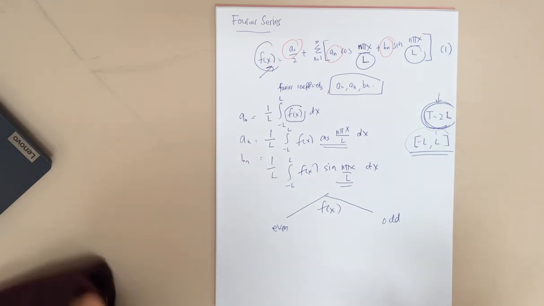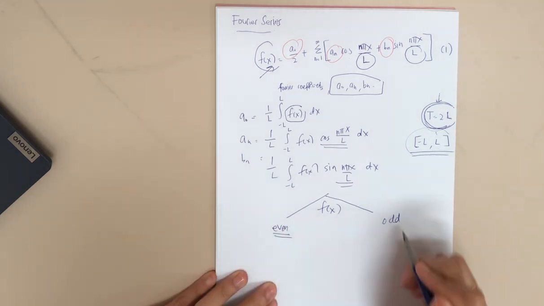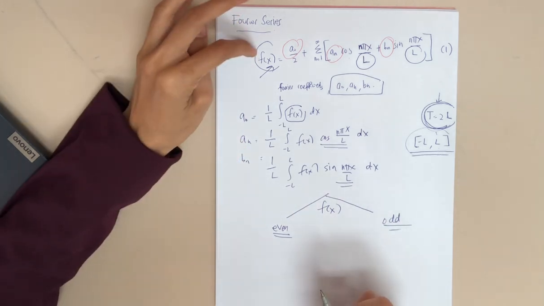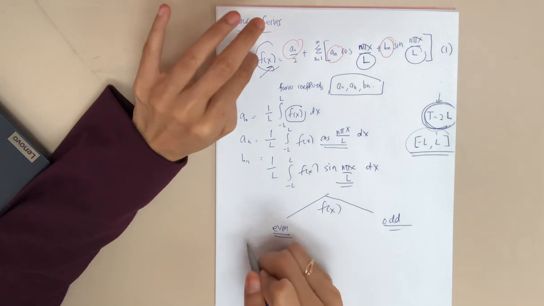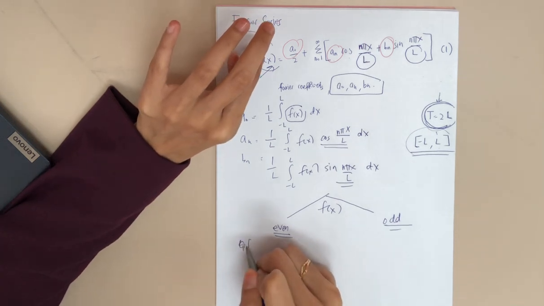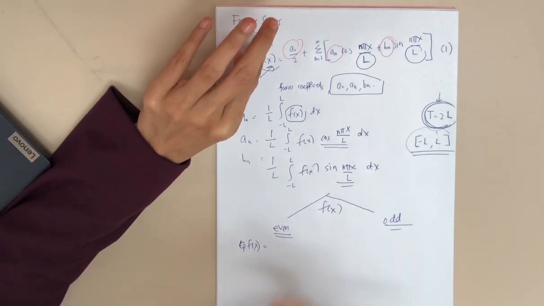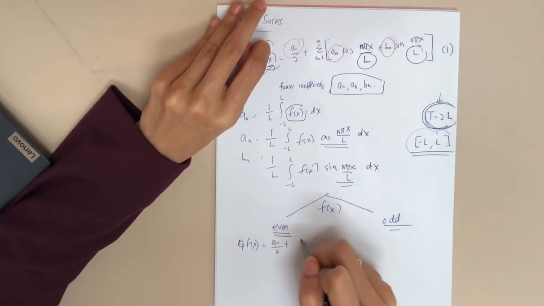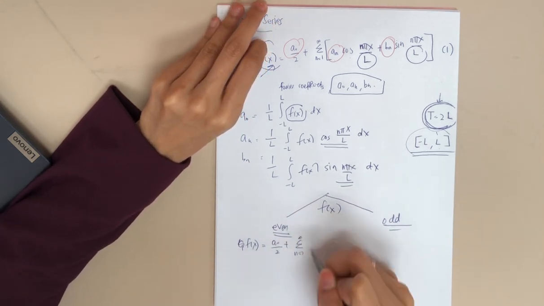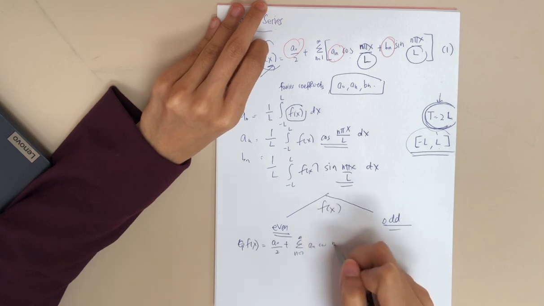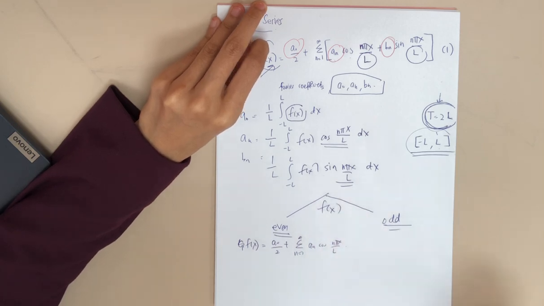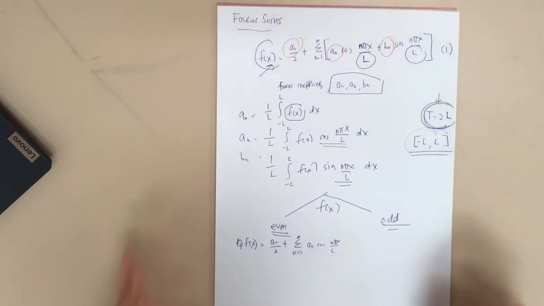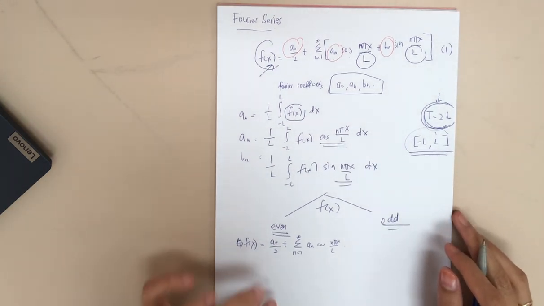So it's different. If your function is even, your general equation just now, your final answer will be a0 over 2 plus summation n from 1 to infinity of an cos n pi x over L. That's it. Enough. Full stop. So you can see which Fourier coefficient doesn't exist here.